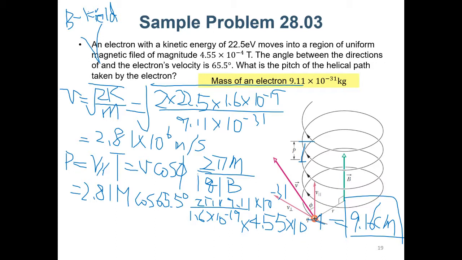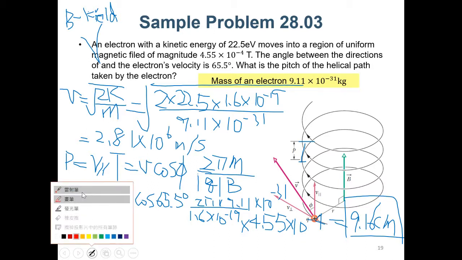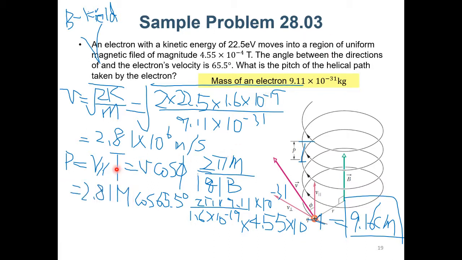So this is the T we mentioned in sample problem 28.3. T is this term, which is only related to the mass, the q and B. For that case, m, q, and B are fixed.